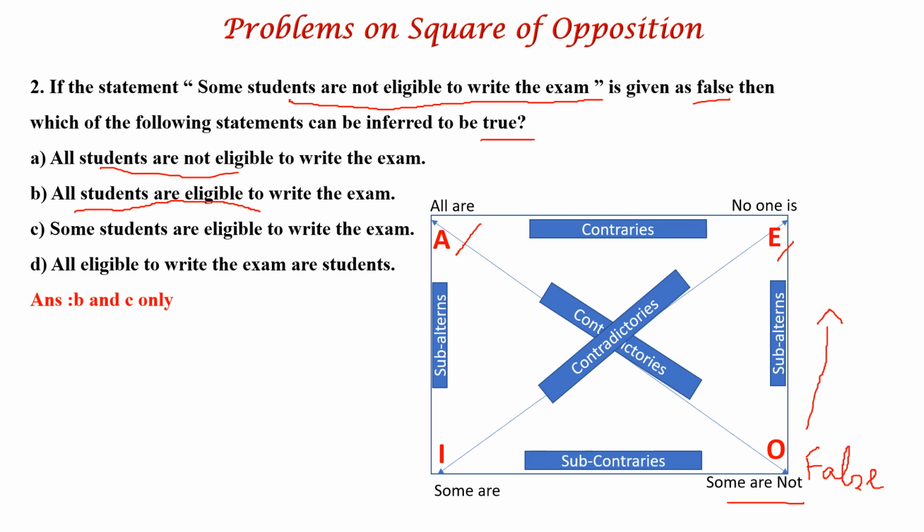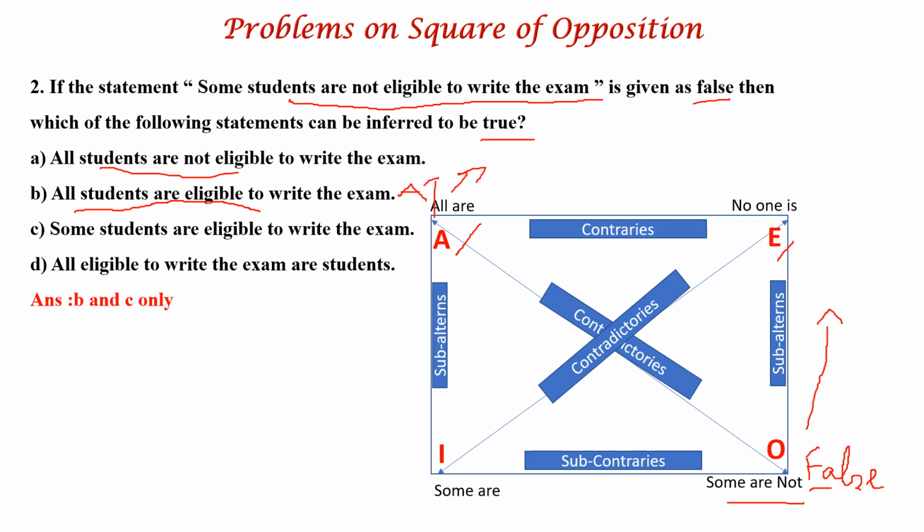All are A type. So A type here is true or false? It will be true because the relationship between O and A is contradictory. So if O is false, we know that already from the given question. O is false, so the diagonally opposite A will be true. So this B is true.